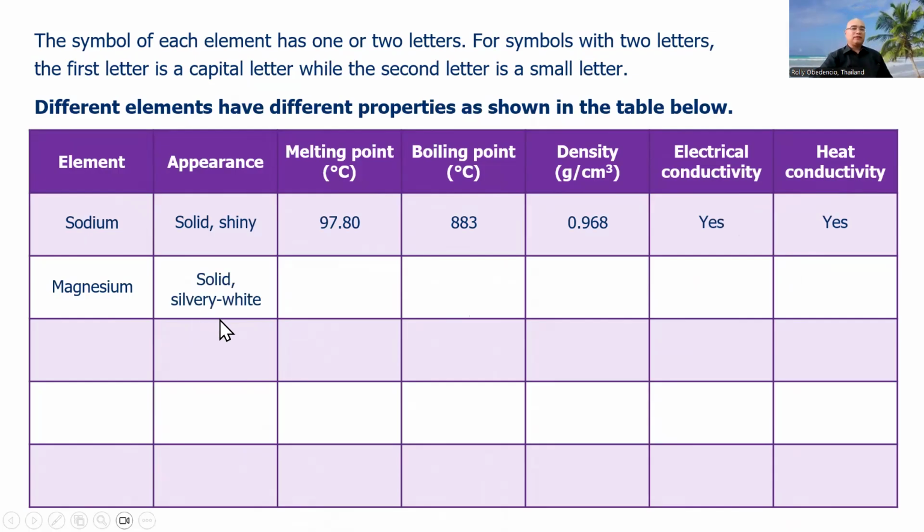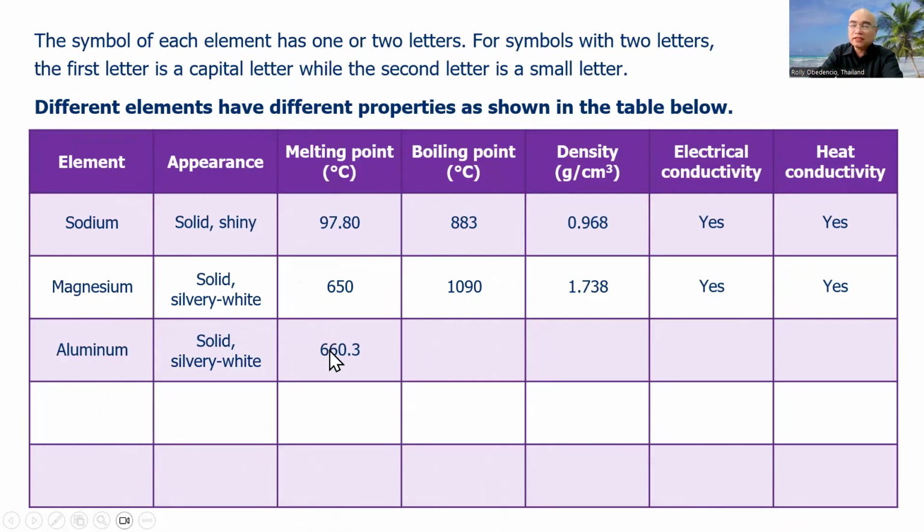The color is silvery white, and it melts at 650 degrees Celsius, and the boiling point is 1,090. Density is 1.738 grams per cubic centimeter. It is an electrical conductor, and it is also a heat conductor. Aluminum, or aluminium in British English. All right, this is solid, silvery white.